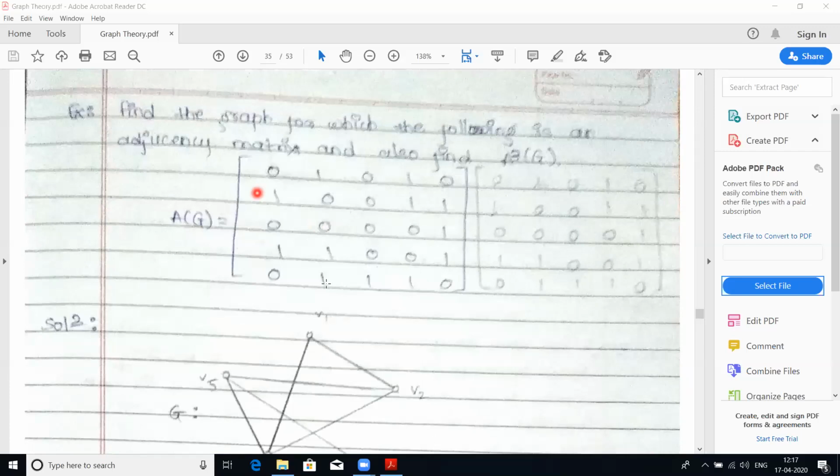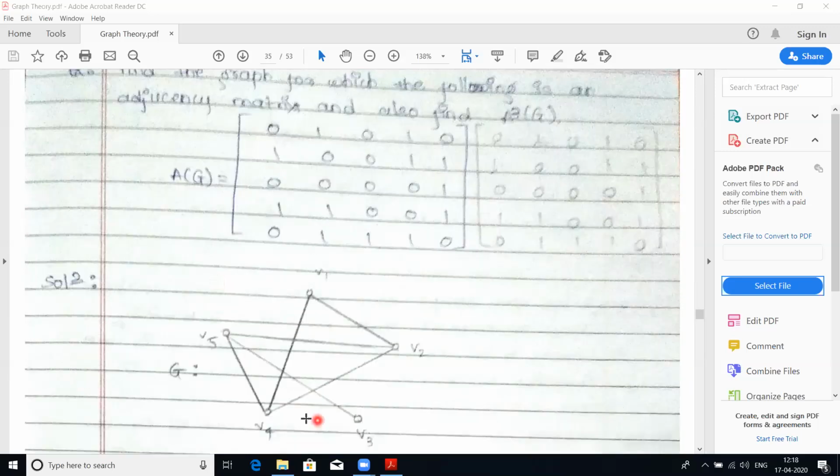Since it is a 5 cross 5 matrix, there must be 5 vertices. First, we take any 5 vertices: 1, 2, 3, 4, 5.